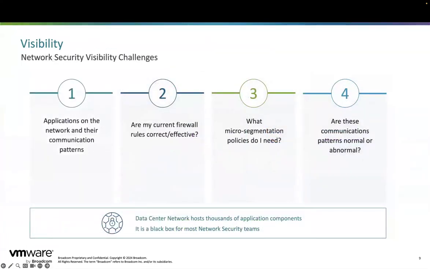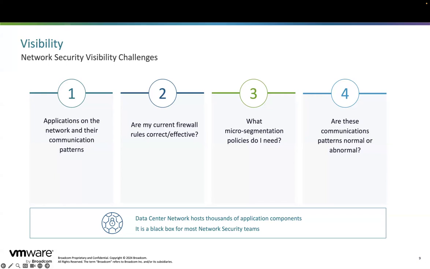From a visibility perspective, what are the things that we need to know? What are we looking for? We have to understand applications on the network and their communication patterns. We have to understand if the current firewall constructs are correct and effective. What types of microsegmentation, or we can generalize that into what type of segmentation policies do I need? And are these communication patterns normal or abnormal?